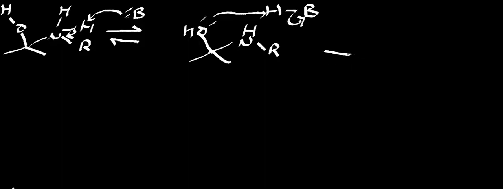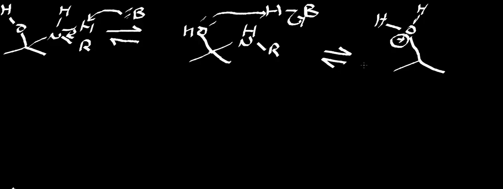So what we end up generating is this other intermediate, but now we have a pretty good leaving group in the context of biochemistry. It's effectively a water group, but it's oxygen with a positive charge and 2 protons. And now we have nitrogen with a proton, and we have this R group.